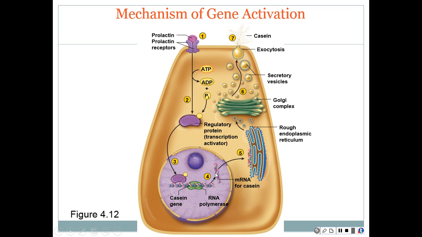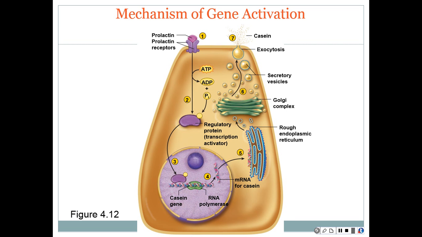This casein mRNA moves into the cytoplasm, passes out through the pores, and is translated by ribosomes on the rough endoplasmic reticulum. So slightly different from the other one that we talked about, from DNA transcription and translation, slightly different.